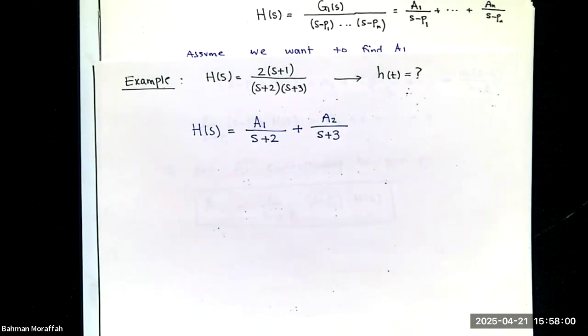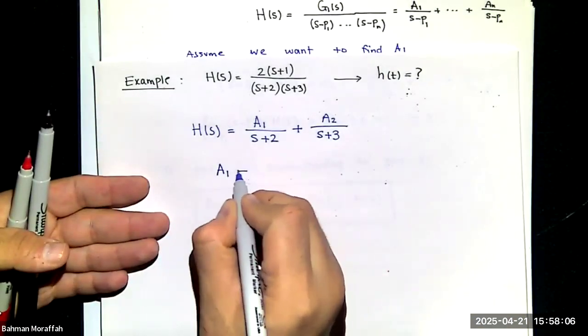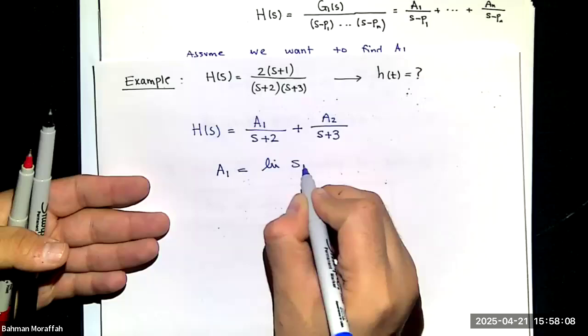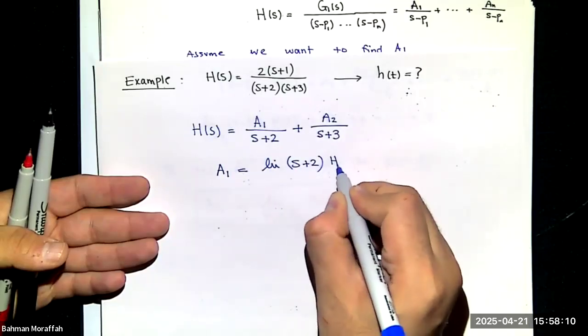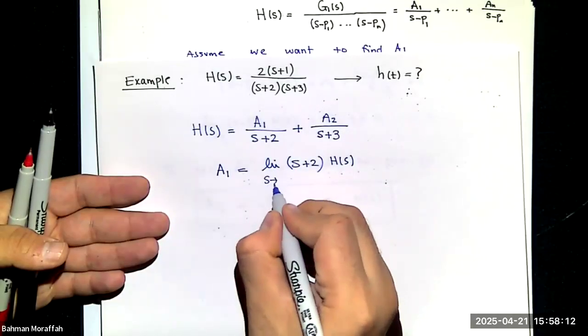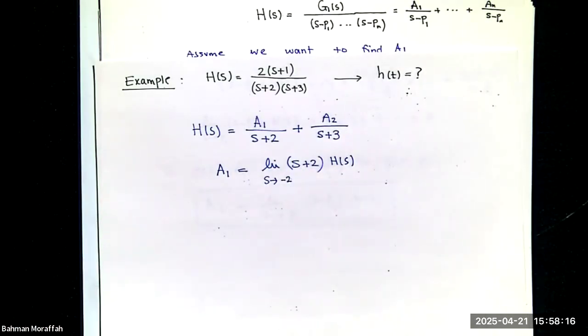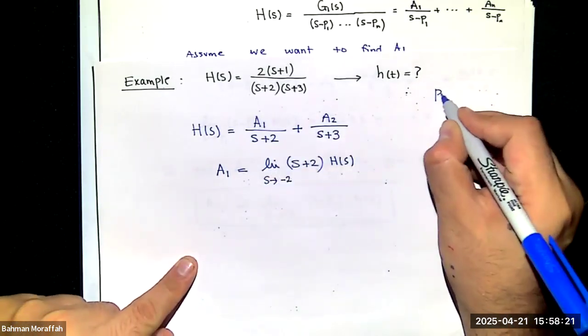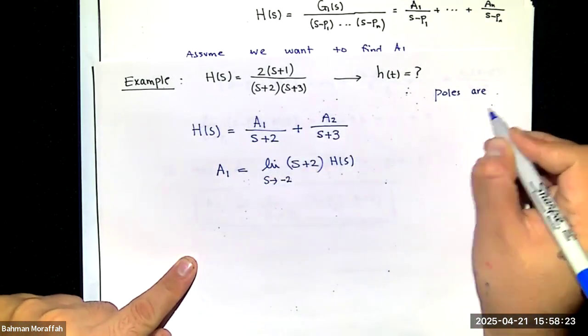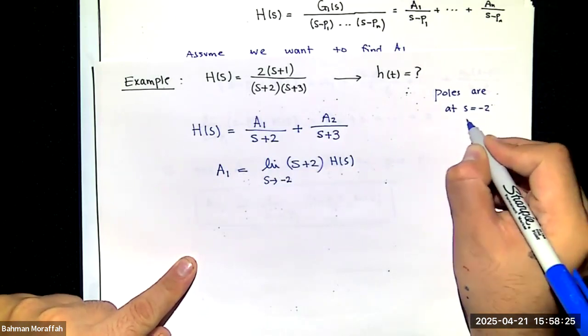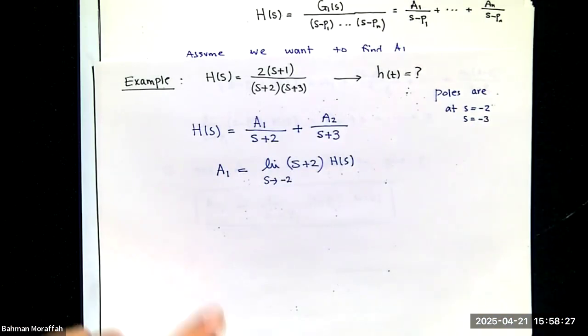Well, let's just use the shortcut. I know A1 is the limit of (s plus 2) times H(s) when s goes to -2. Remember, my poles are at s equals -2 and s equals -3.